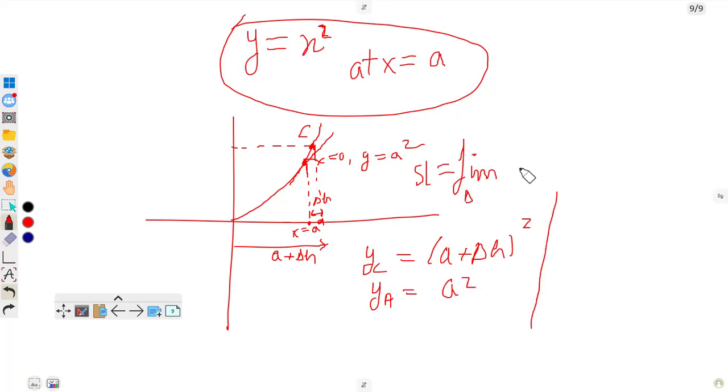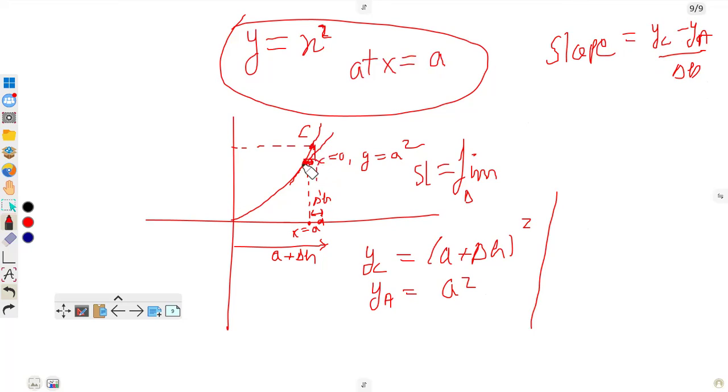What we're going to find out is the slope. Slope is equal to y2 minus y1, that is yc minus ya, upon the change in x coordinate, which is delta h. This is delta x.